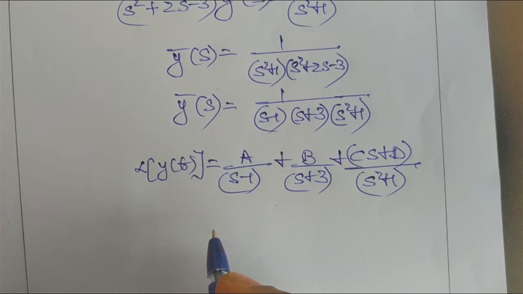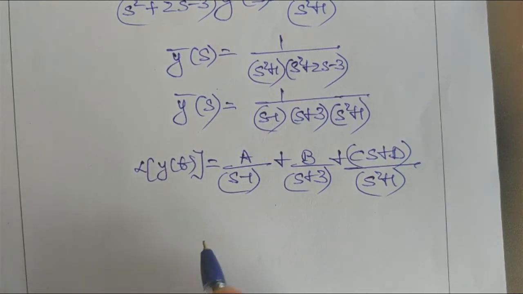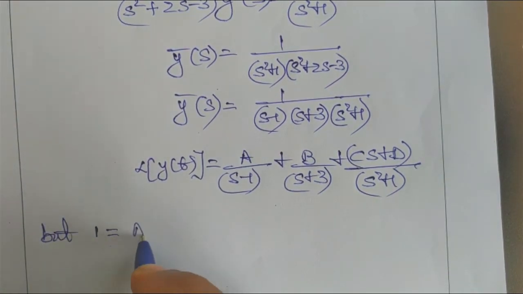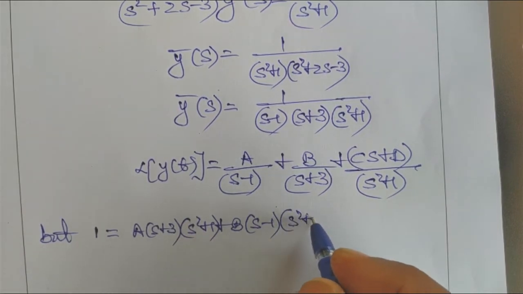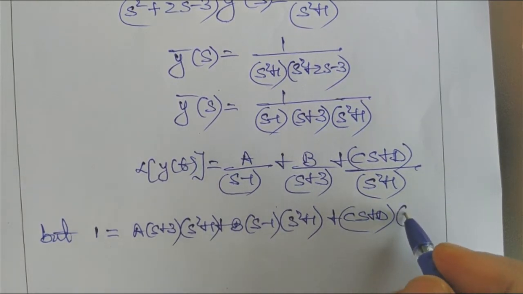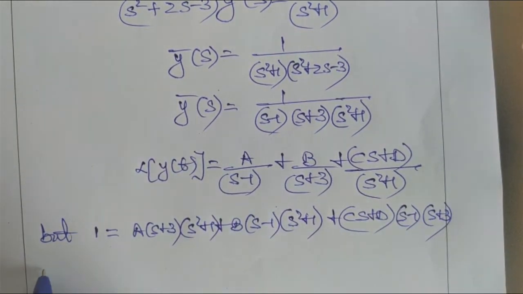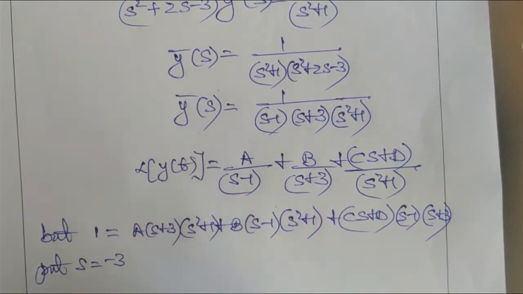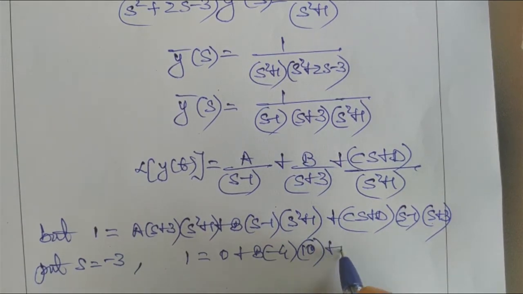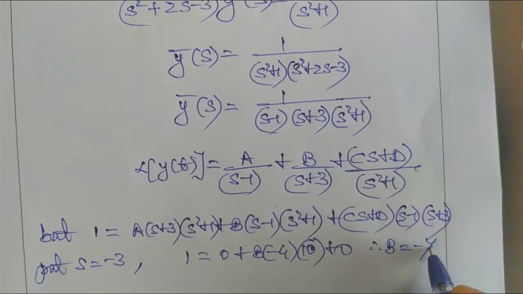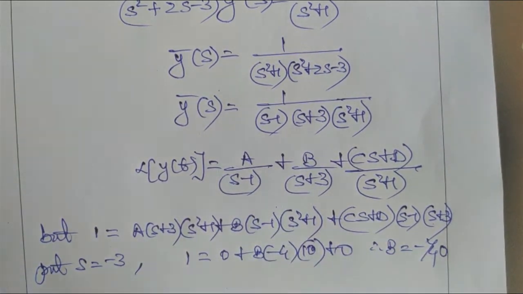Now when we equate, we get 1 is equal to A(s + 3)(s² + 1) plus B(s − 1)(s² + 1) plus (Cs + D)(s − 1)(s + 3). Substituting s = −3, we get 1 is equal to B into −4 into 10, therefore B is equal to −1 by 40.